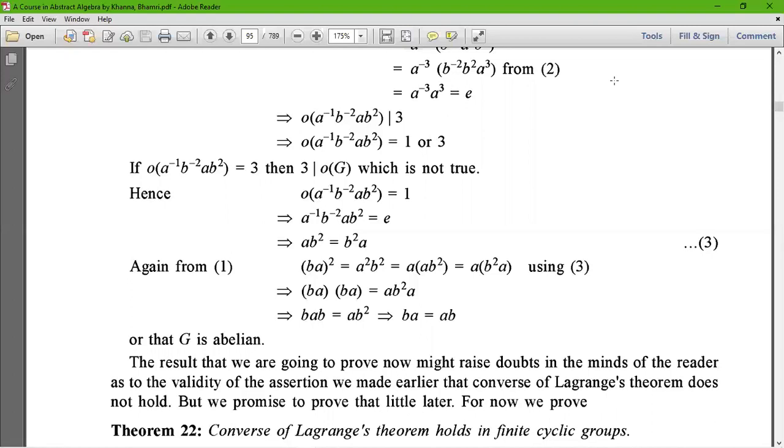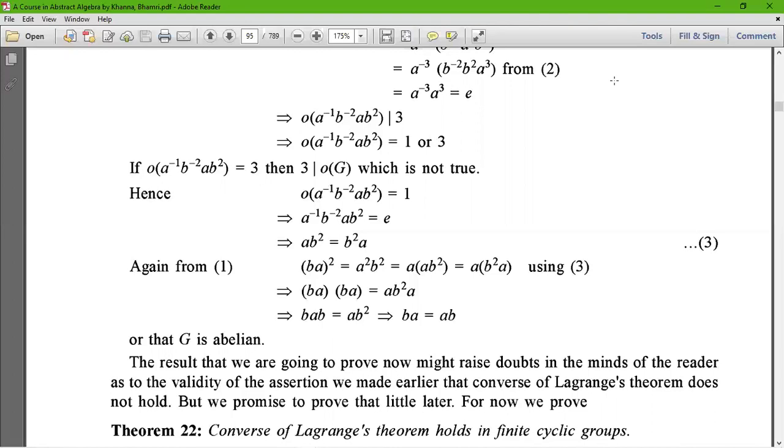Then we can write ab^2 equals b^2 a by using the inverse property, equation 3. Now again from 1 we have (ab)^2 = a^2 b^2, which equals a into a b^2, which equals a into b^2 a using 3.